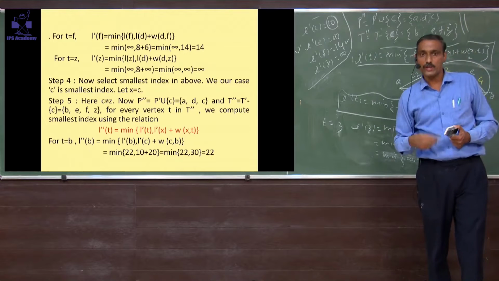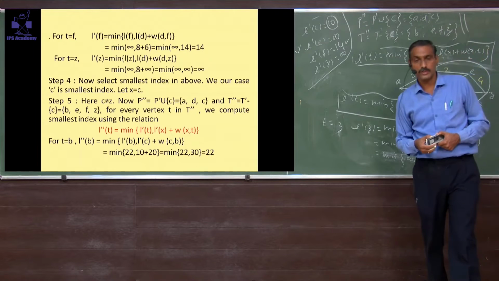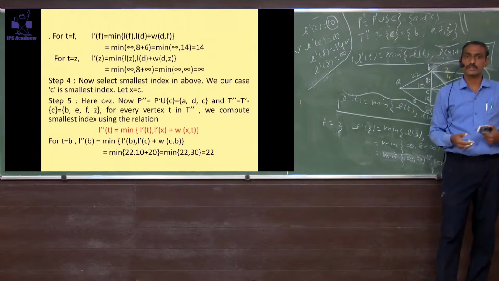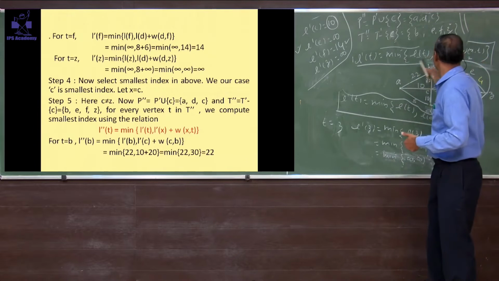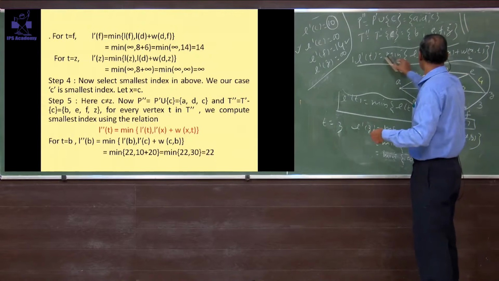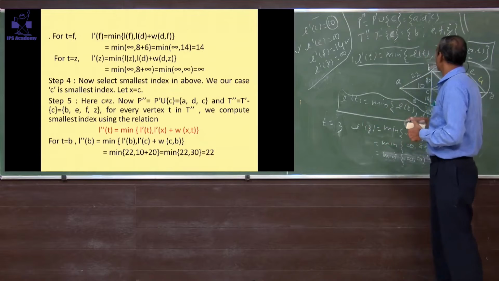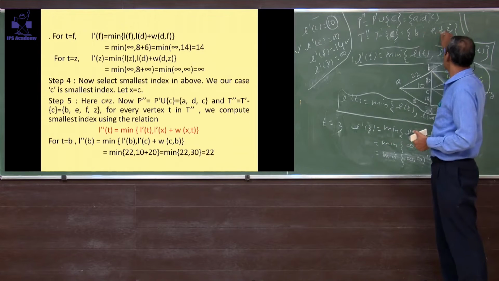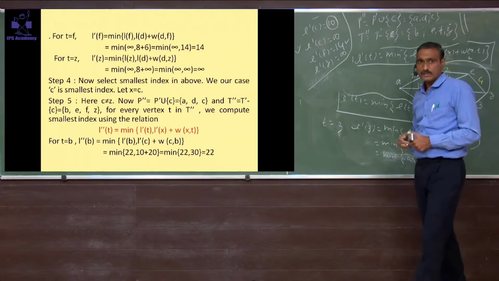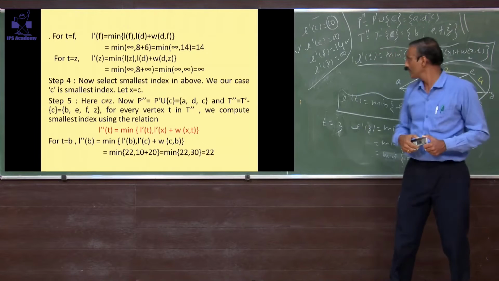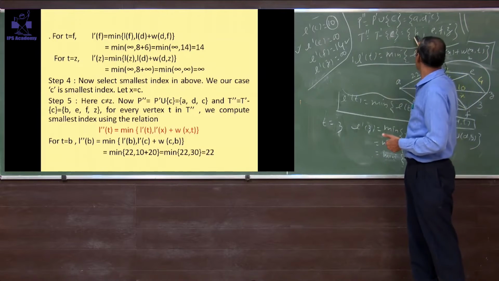Now for every vertex T in T dash, T double dash, we compute the smallest index using the relation. This is the same relation here. We have to find the smallest index for the remaining vertices B comma E comma F and Z. Now we are taking the first element T equals to B here.